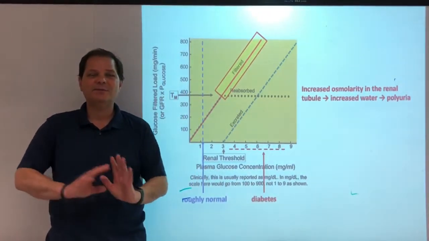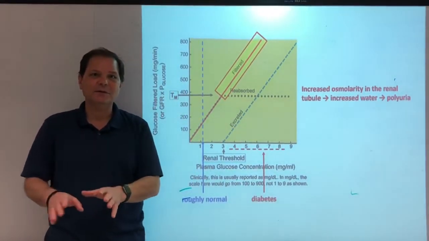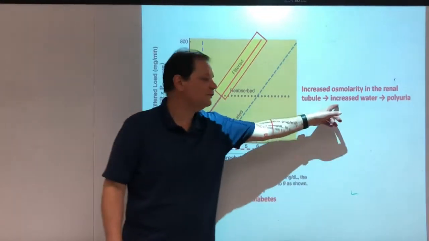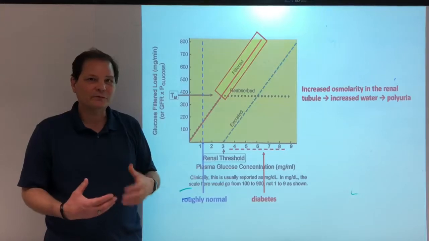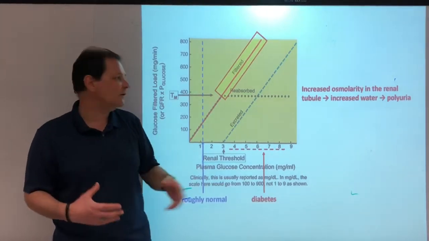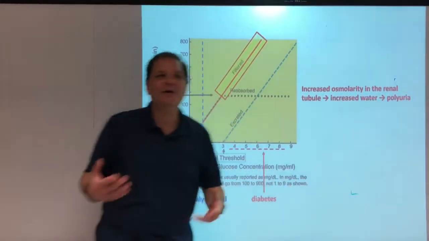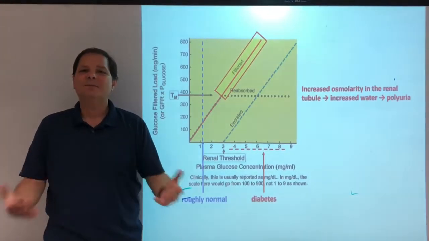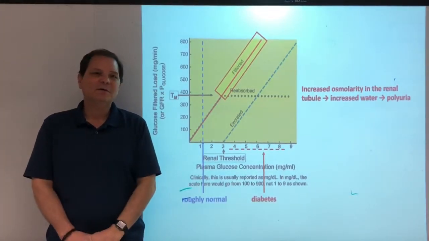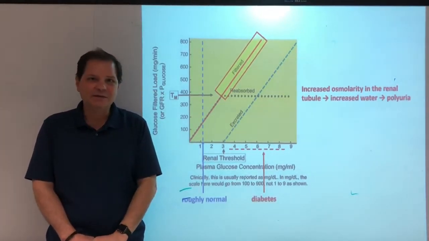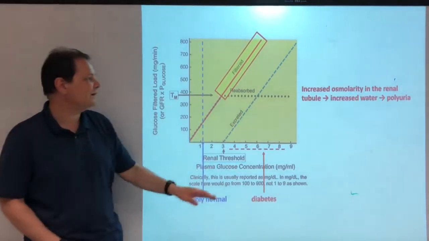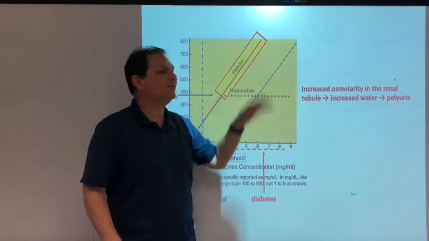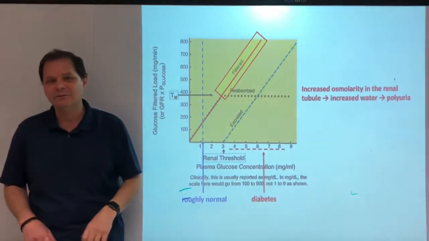Instead of being transported out, you'll end up with a really dilute urine because you'll be keeping that water in with the glucose, or at least you'll end up with a large volume of urine. And so you get polyuria, and again, that is a typical symptom of diabetes. Urinating all the time because you have a large volume of urine, and that's because you've increased the osmolarity by keeping all this glucose in the tubular lumen.